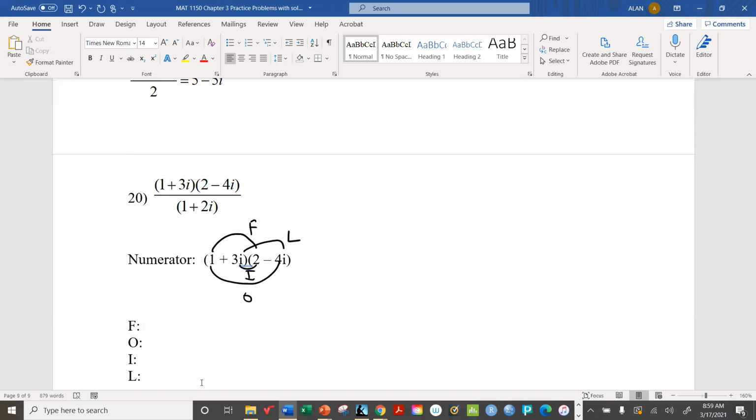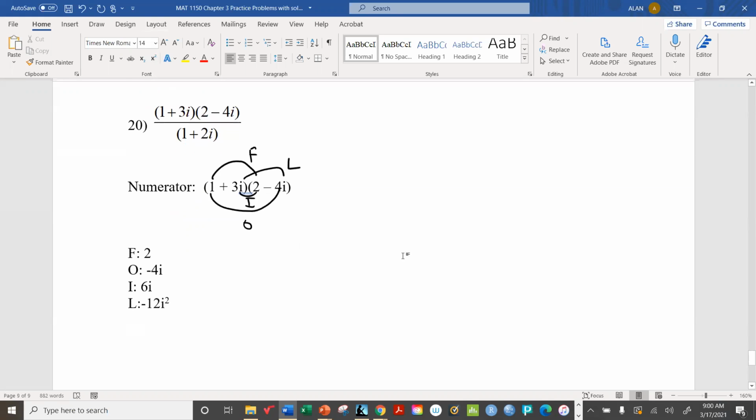Okay, now, so let's do this. F is 2. O is 4i. I is 6i. And L is negative 12i squared. All right, 2, negative 4i, 6i, and minus 12i squared. All right, perfect.